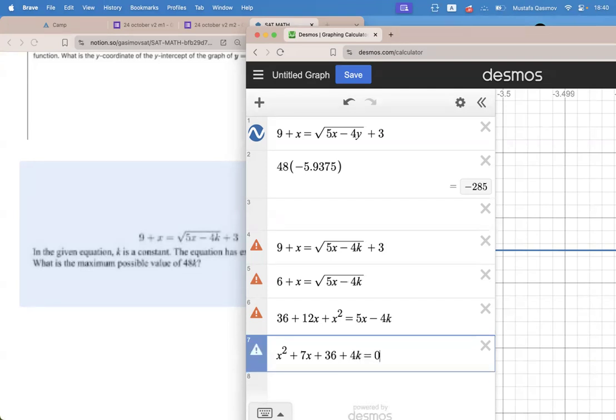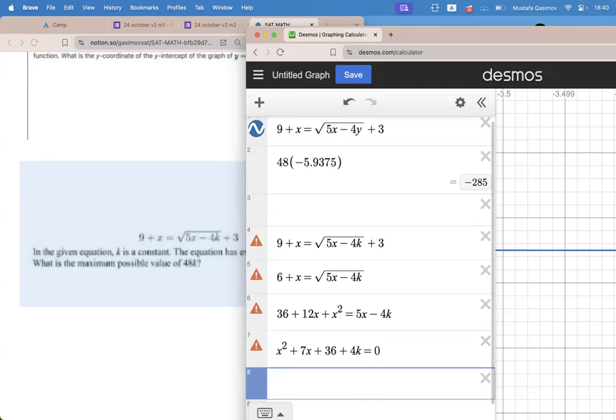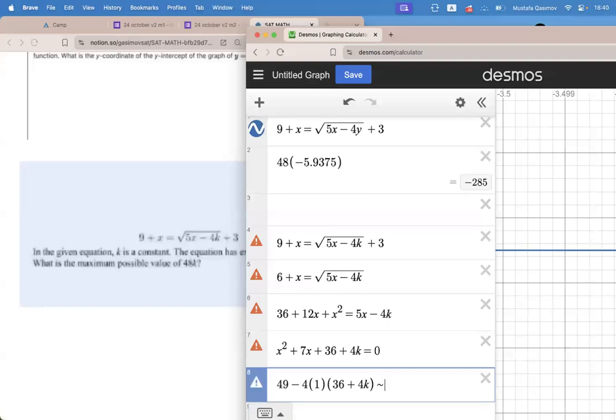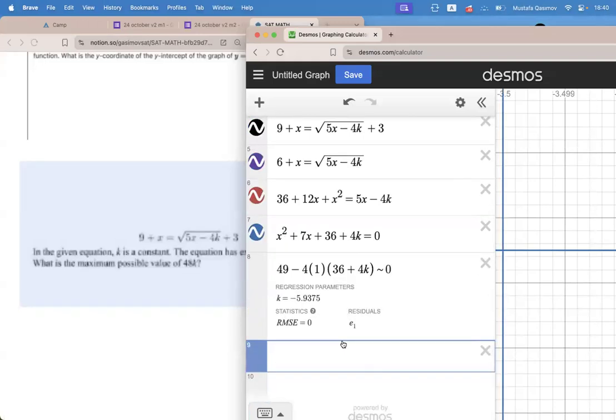Is it correct? I think there's no problem, right? Okay. Then we must make discriminant equal to 0. Discriminant will be b squared, 49, minus 4ac, 136 plus 4k is equal to 0. You can see that I also take this value. Then you must write here 48 multiplied by k. Negative 285.